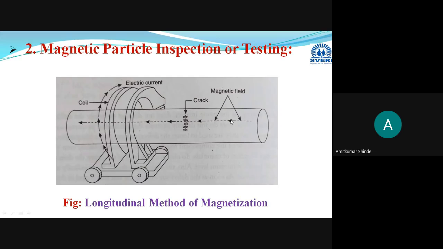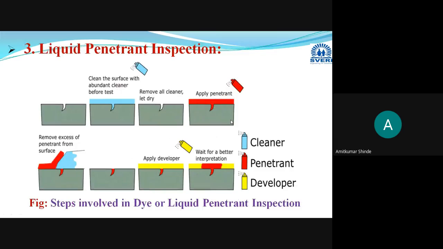Then after this, we discussed liquid penetrant inspection, how it is conducted, and the different steps involved in it: cleaning, then drying, then application of the penetrant, then removal of the excess penetrant, then application of the developer, and at the end the observation or interpretation of the dye or liquid penetrant revealed with the help of the developer.